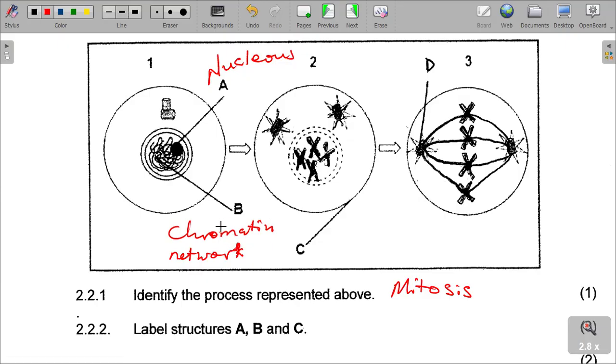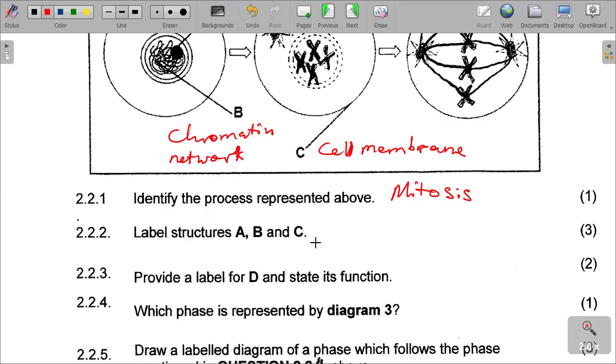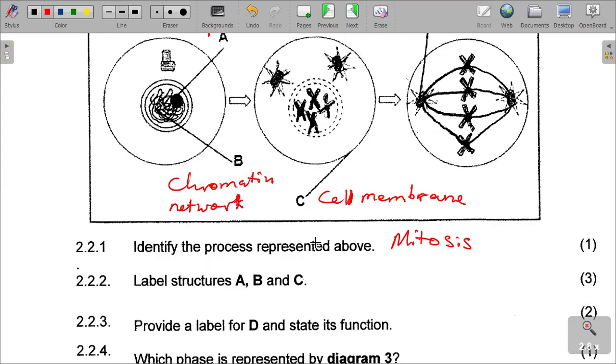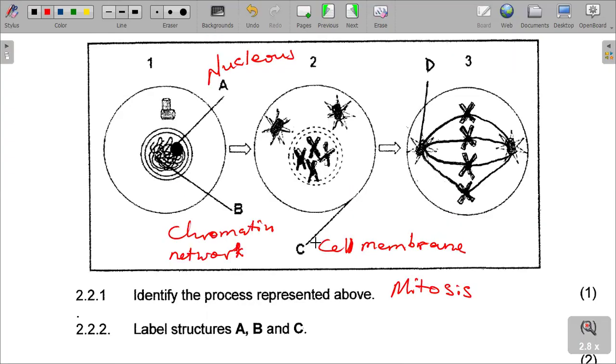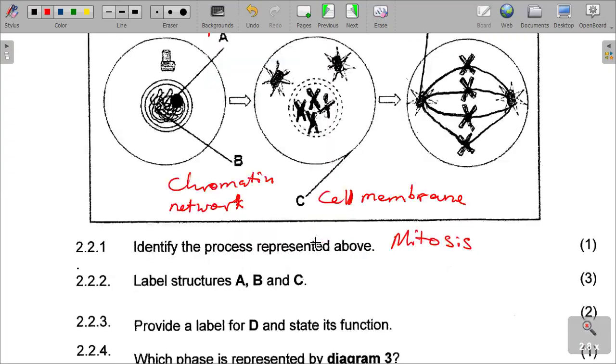And then C, what is C? C is the cell membrane. Those are the labels of A, B, and C. A is the nucleus, B is the chromatin network, and C is the cell membrane.